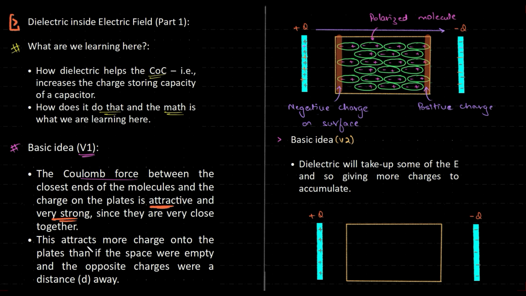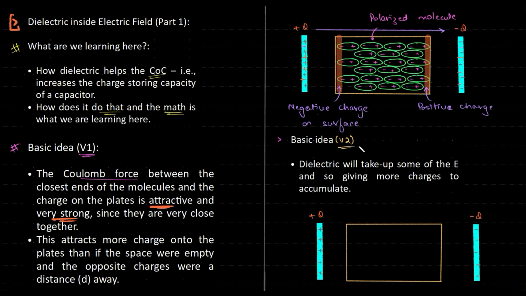This attracts more charges onto the plate than if the space were empty. That also makes sense. And the opposite charges were a distance d away. So we can see that the distance here has reduced. The distance between the positive and the negative at the bottom is the same as the top, but with the dielectric, the distance between the positive and the negative is reduced. So that also plays a role. Distance plays a role. The formula tells it so, and we have seen that.